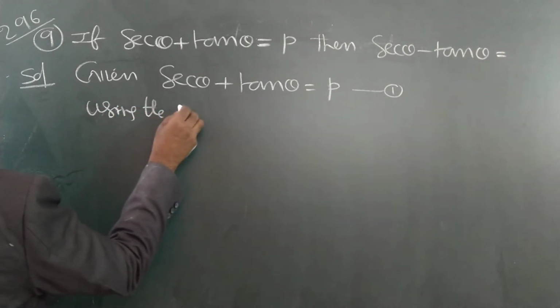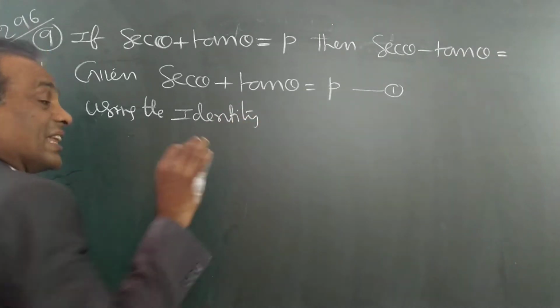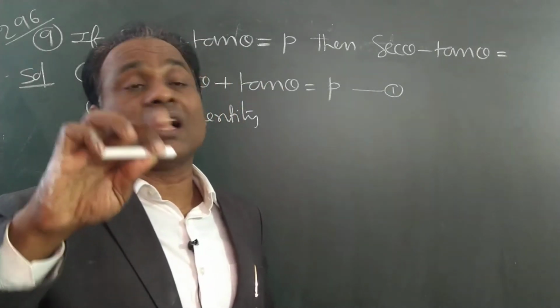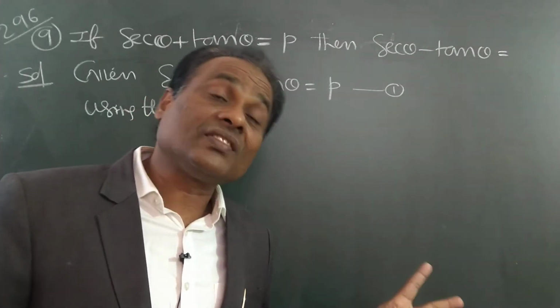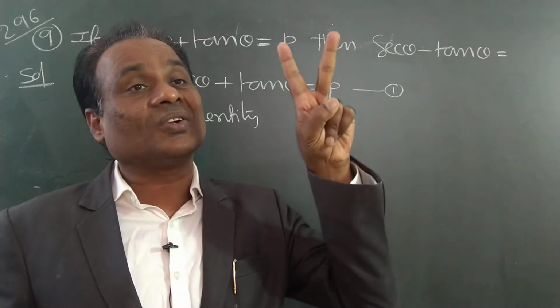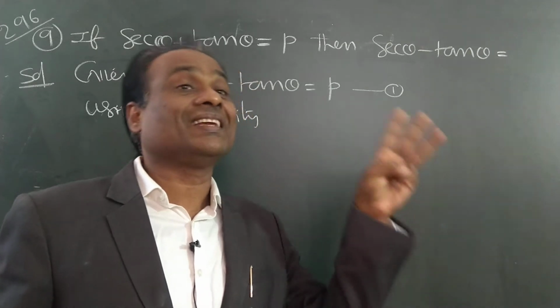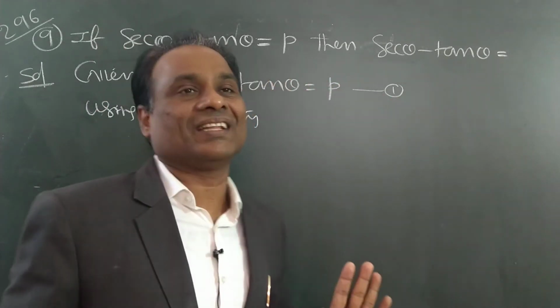What is the identity? We have three identities. Sin square theta plus cos square theta is equal to 1. First identity. Secant square theta minus tan square theta is equal to 1. Second identity. Cosecant square theta minus cot square theta is equal to 1. Third identity.